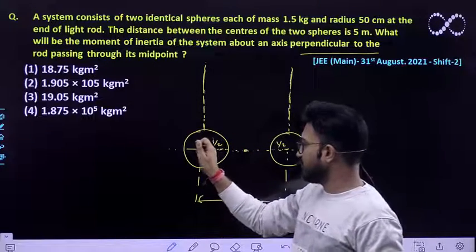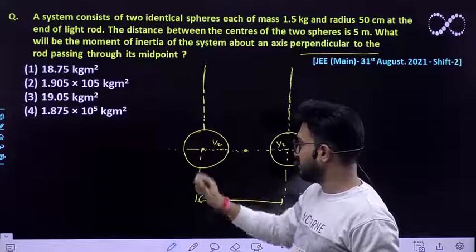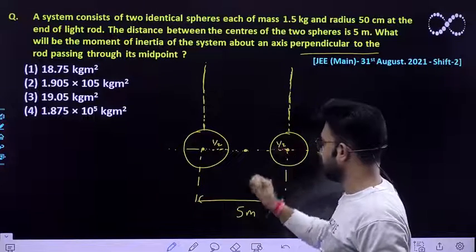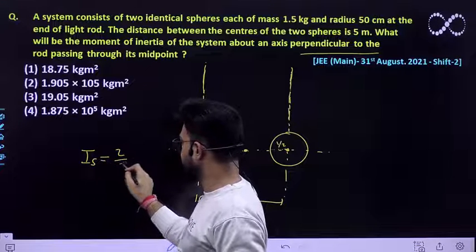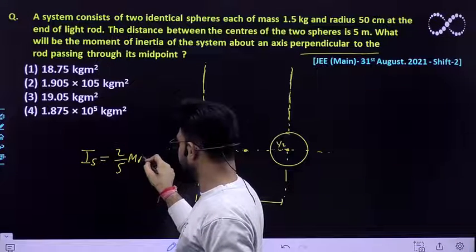We also know that moment of inertia because of the solid sphere is given by 2 by 5 mr square.